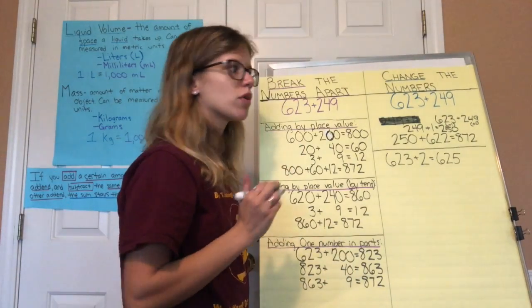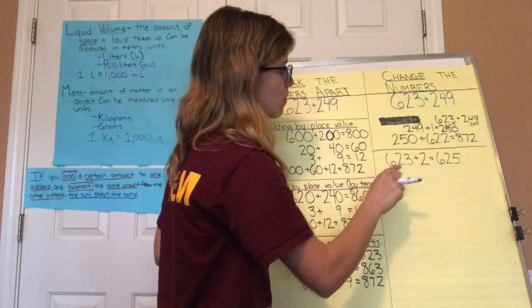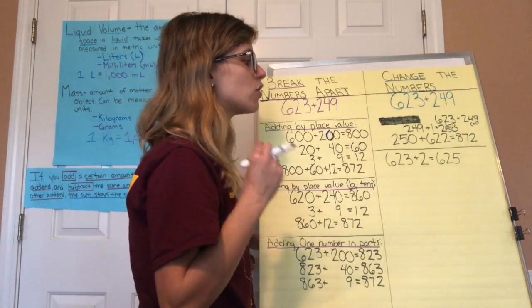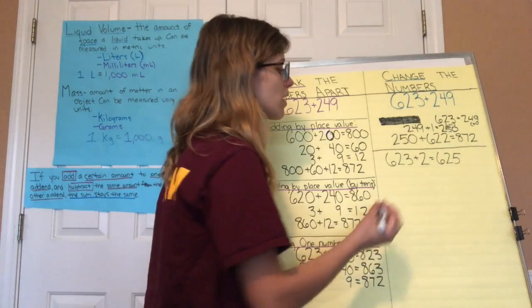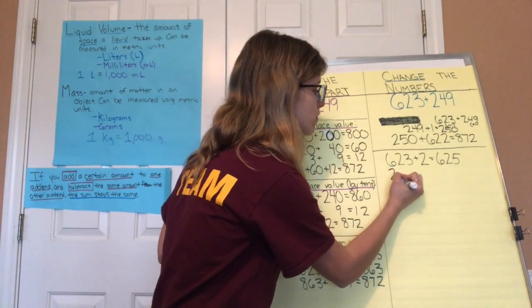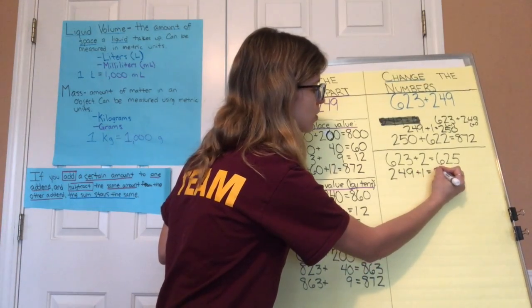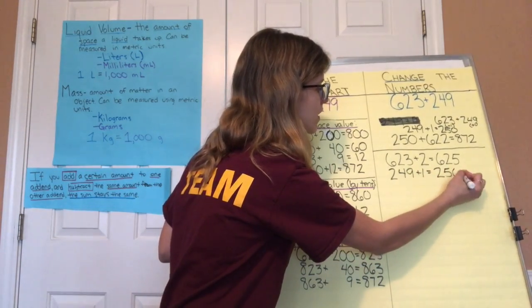Now I want to change my number even further, because I can know my 25 plus 50 a lot easier than I know 25 plus 49. So now I'm going to do 249 plus 1 to get to 250.